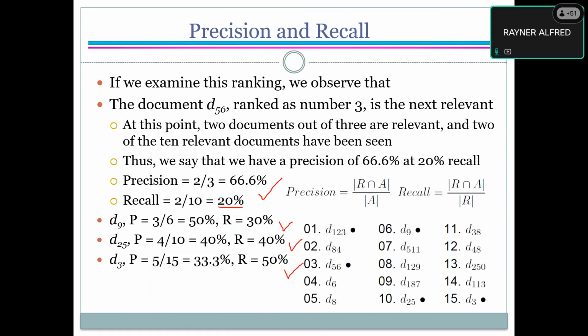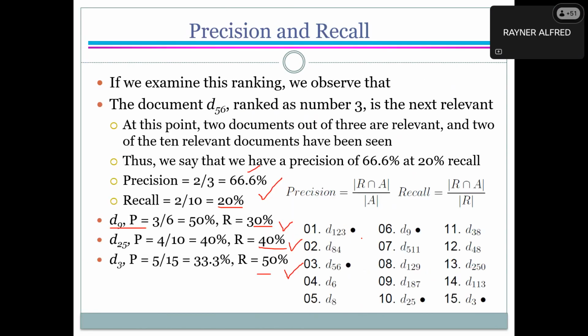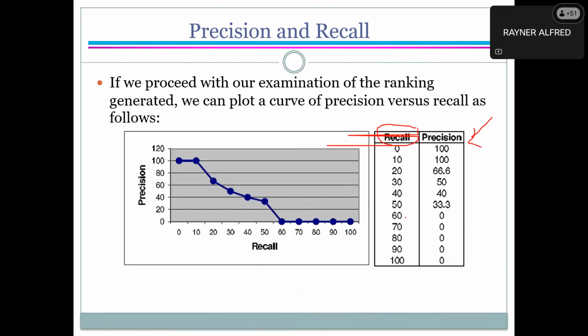Then 20%, this is the precision. 30%, this is the precision. 40, 50, and so on. So when we table the result here, since we do not have any more information here, we cannot do the rest of this. So this is 0.